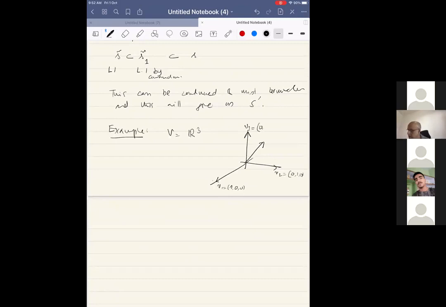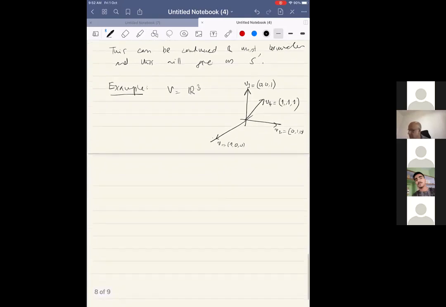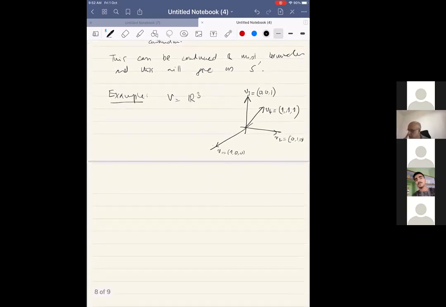V3 is 0, 0, 1. And V4 is 1, 1, 1. Okay. Now I take S to be V1, V2, V3, V4, and I take S tilde to be V1, V2.